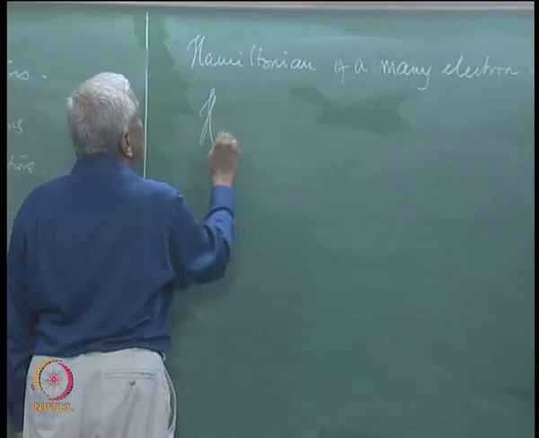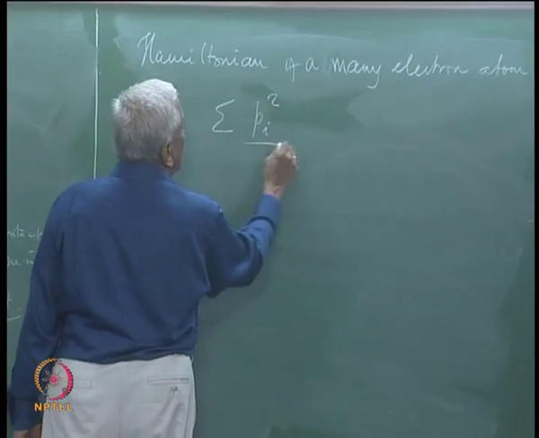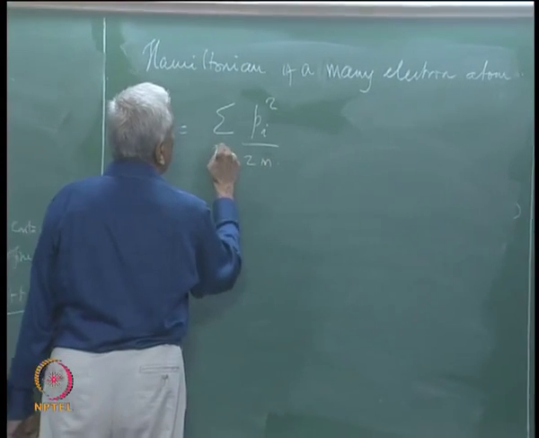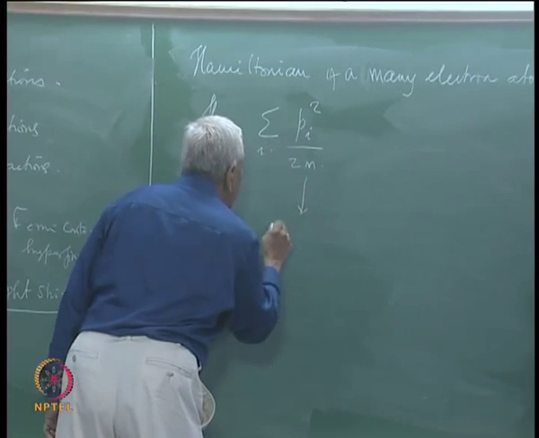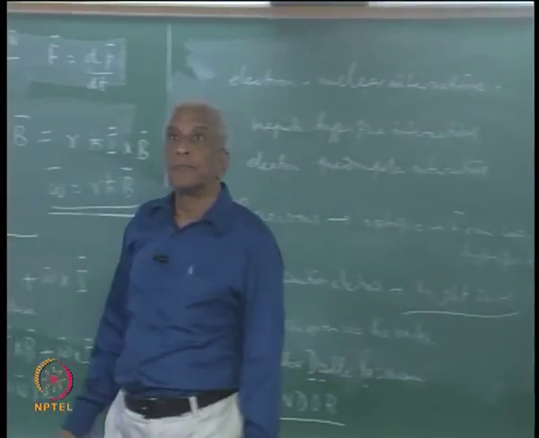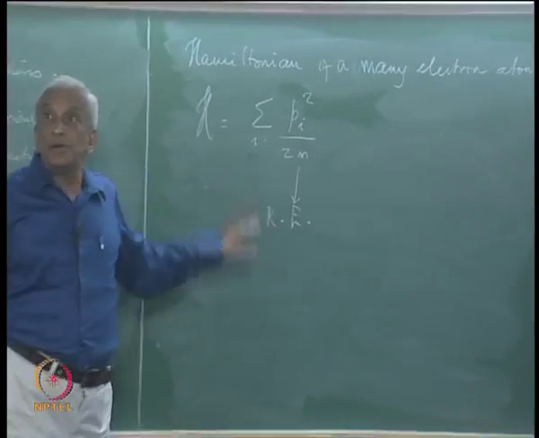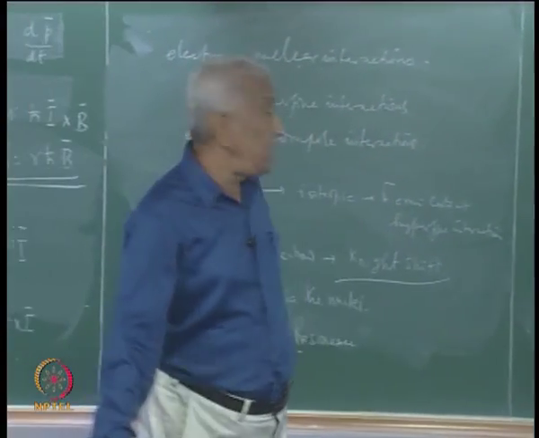The Hamiltonian is the sum of p_i squared by 2m. This is the kinetic energy of the electrons summed over all the electrons labeled with the index i.